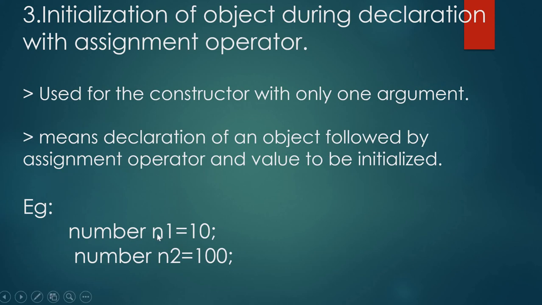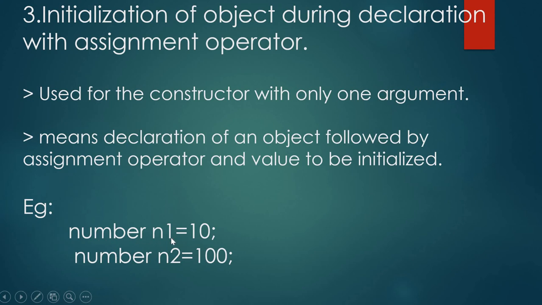Consider the example. First we can consider this example. See, number n1. Number n1 means the declaration of the object followed by assignment operator. Then this 10 is the value to be initialized. Then how can we tell the definition?